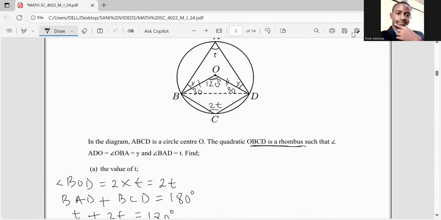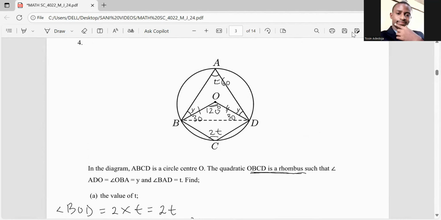So from here we can calculate y. And don't forget our angle T here is also 60 degrees. So using triangle ABD, we can add 60 plus y plus 30 plus y plus 30 equals 180 degrees.